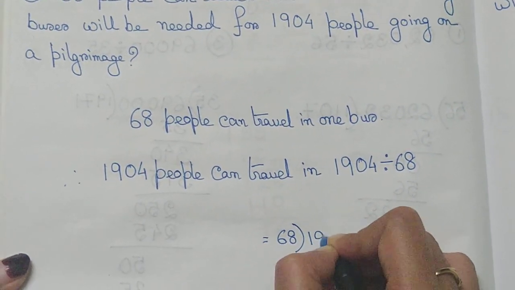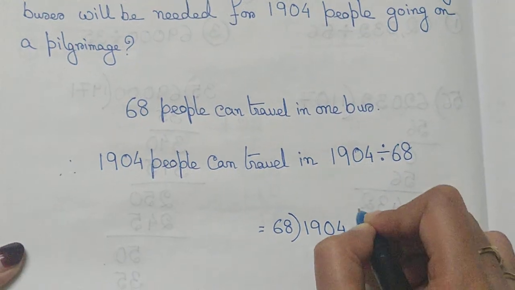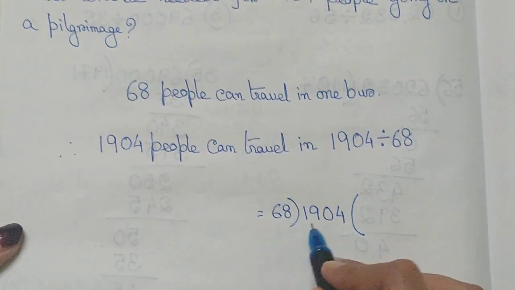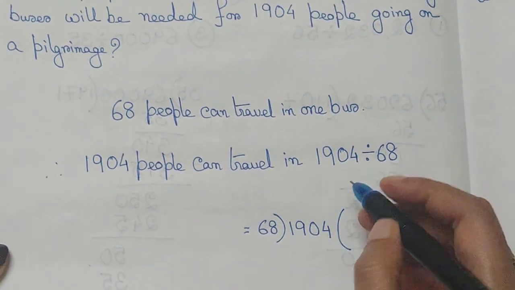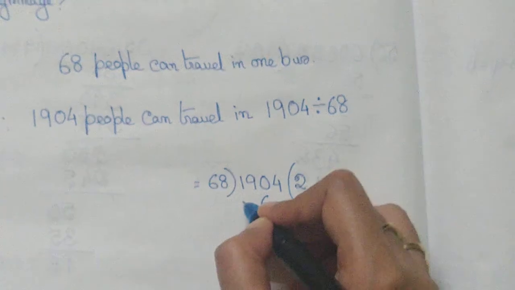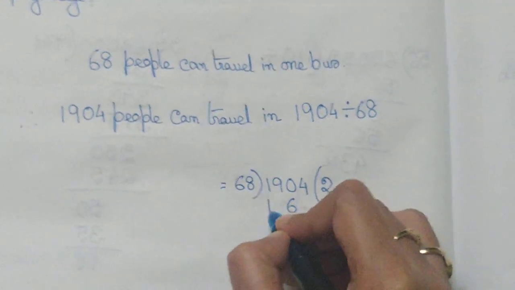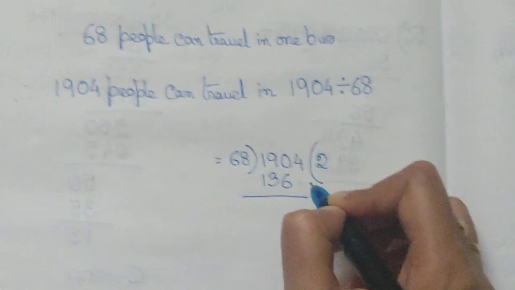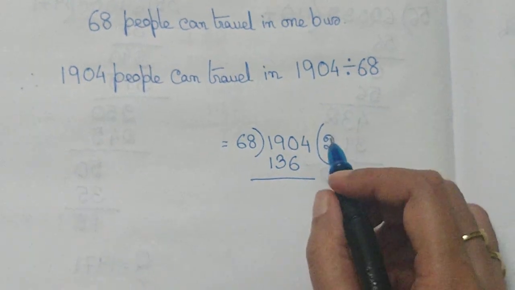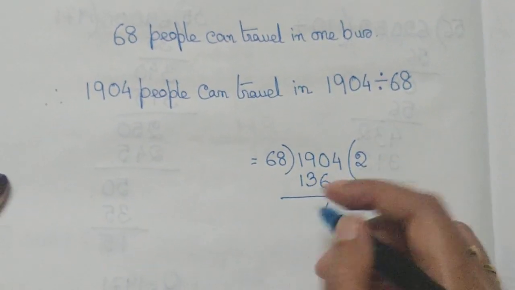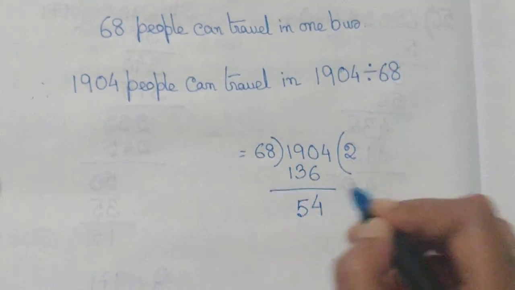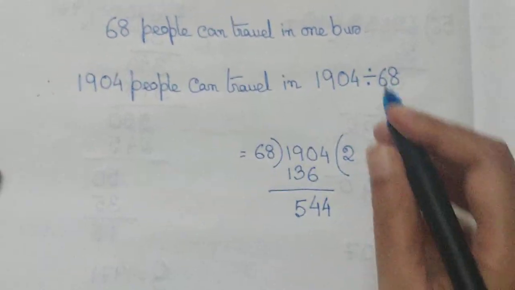68 divided into 1904. So 19 is smaller than 68. I'll be taking 190. 2 eights are 16, 2 sixes are 12 and 1, 13. So 4, 54. Again 4 will come down.